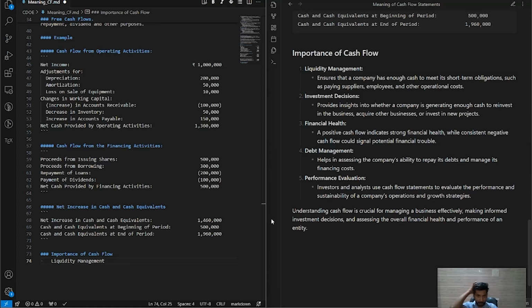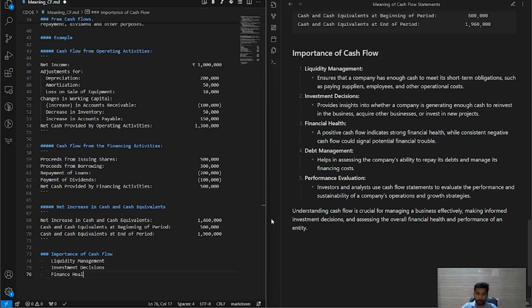It ensures that the company has enough cash to meet its short-term obligations, such as paying the suppliers, employees, and other operational costs. Second, investment decisions. It provides insights into whether a company is generating enough cash to reinvest in the business, acquire other businesses, or invest in new products.